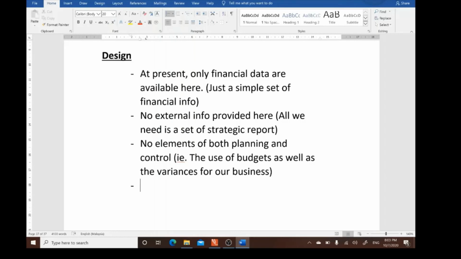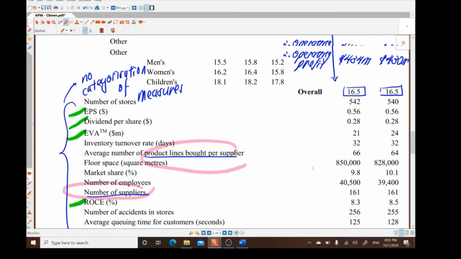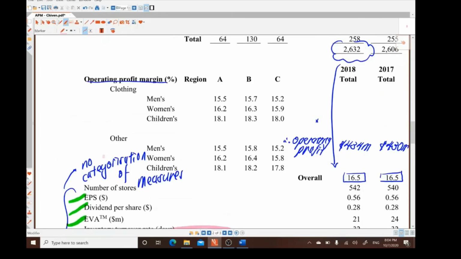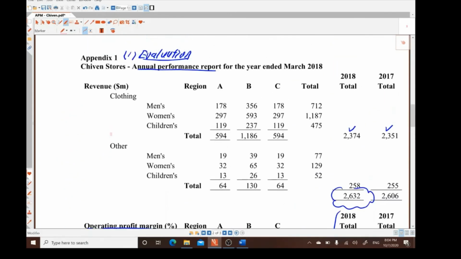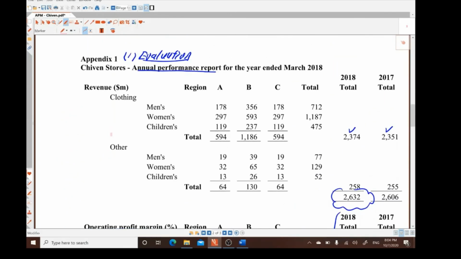Now class, moving on, we'll continue to the next part, which is the lacking of prior year results for comparison. Let's have a look at this case when it comes to the prior year results. They provided us only the information in year 2017.